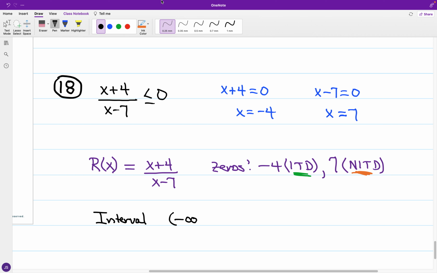For the interval sections, we have those values of x less than negative 4, then those values of x greater than negative 4 and less than 7, and finally those values of x greater than 7.